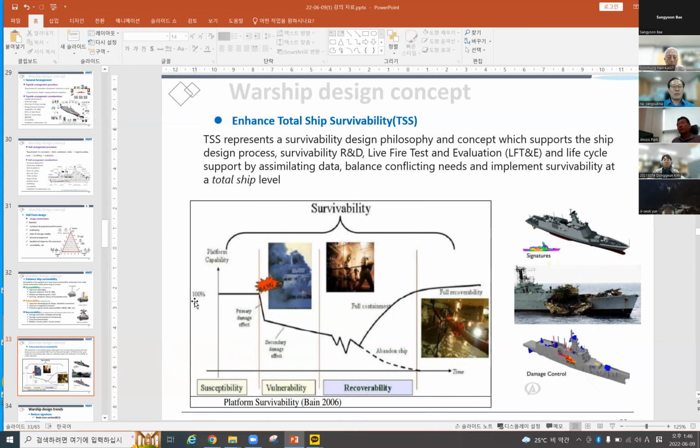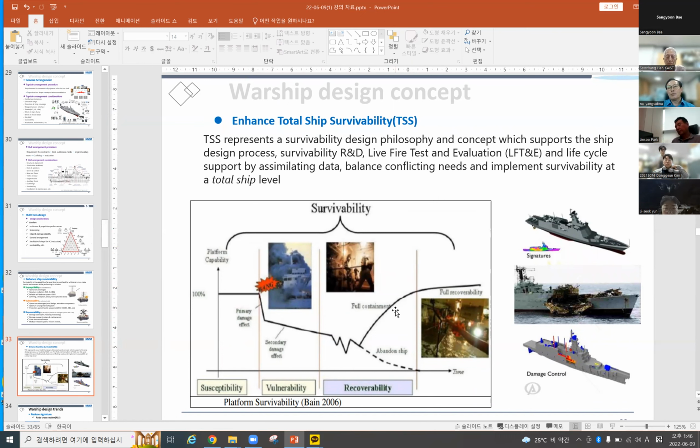If there is no hit, it is 100% function. But once hit, the capability and performance decrease. And there is the secondary damage effect: for example, when one hit lands on the ship, the explosion inside the ship is secondary damage and decreases war capability, for example fire and flooding.